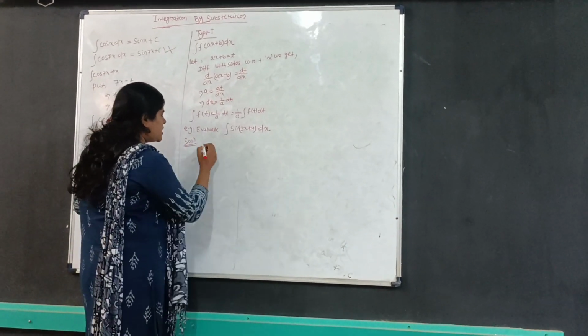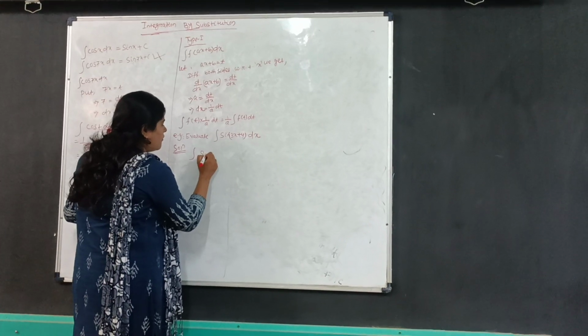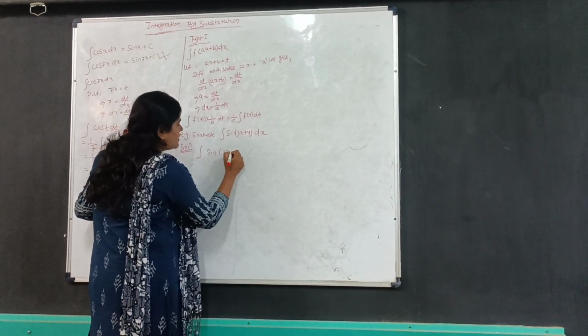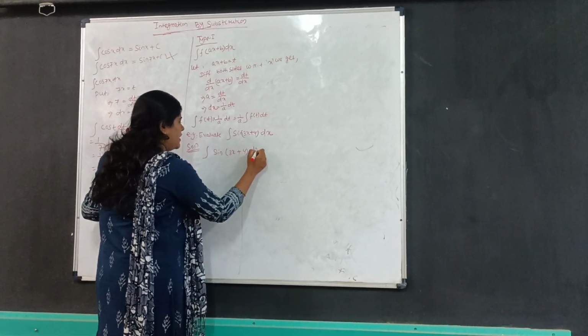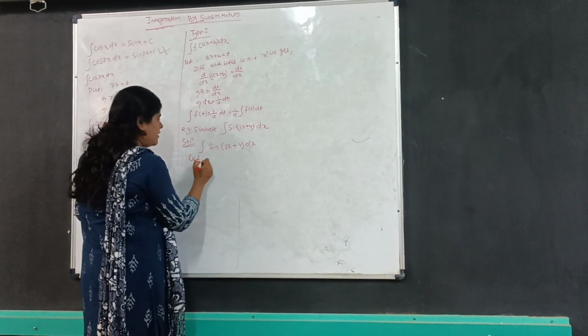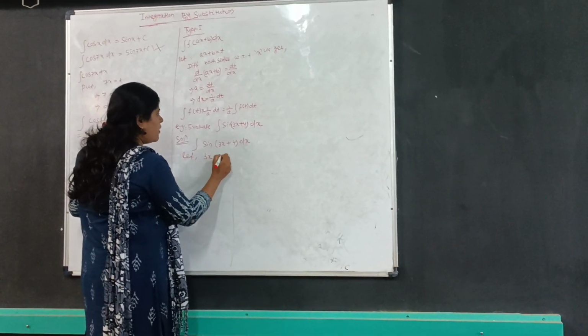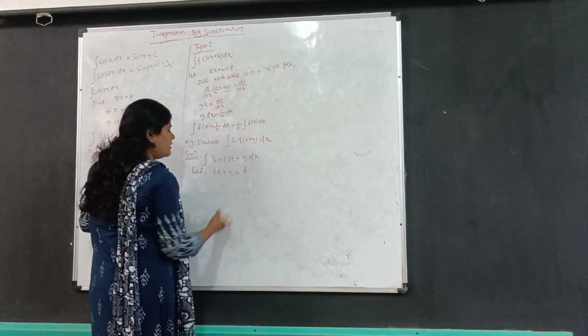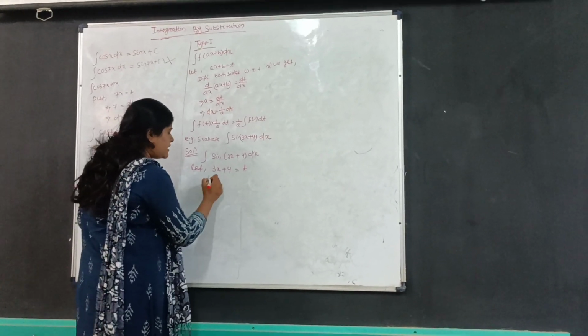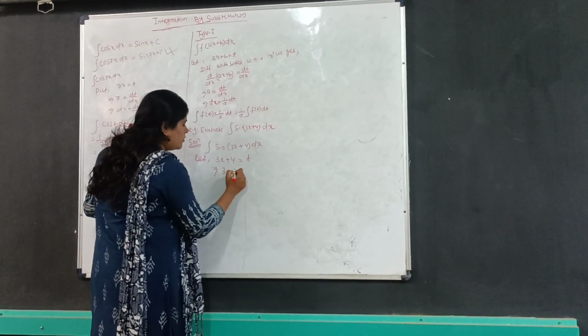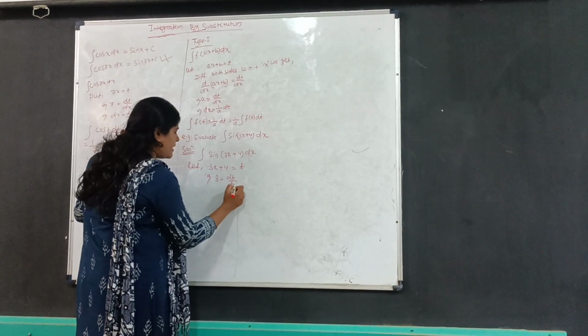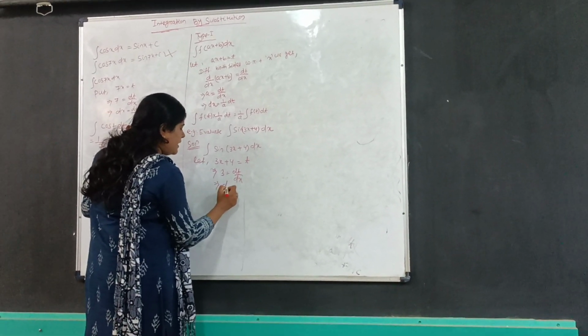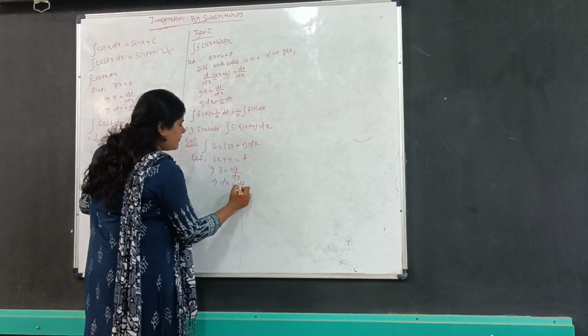Now we find the solution. Integration of sin 3x plus 4 into dx. Let 3x plus 4 be equal to t. Then differentiating, we get 3 is equal to dt by dx. That implies dx is equal to dt by 3.